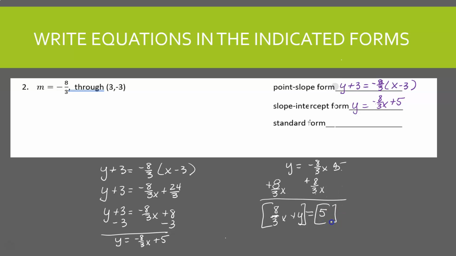Multiplying each side to get rid of that fraction. So now I have 8x plus 3y equals 15. All right, moving on. Let's go to the next page.